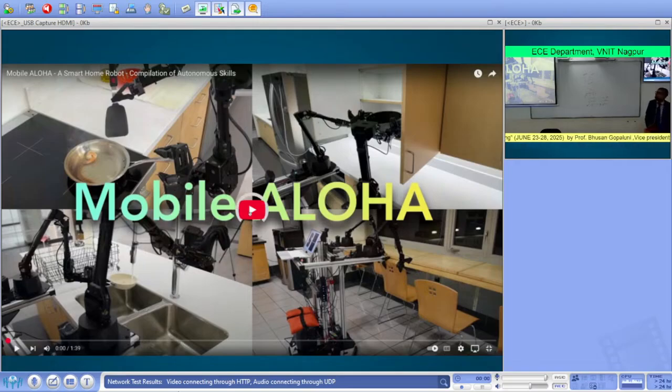Check out these robots that are being built at Stanford in the research group of Chelsea Finn.